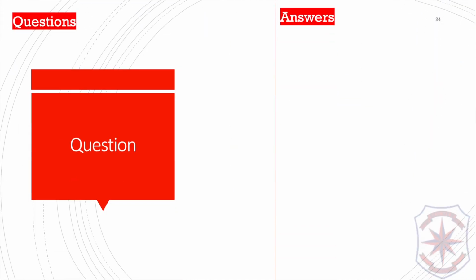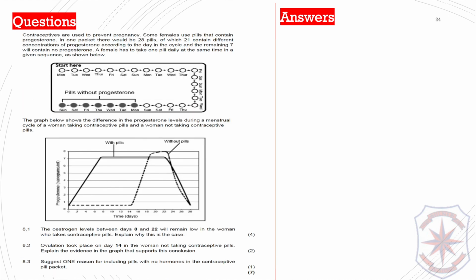Which brings us to our last set of questions, guys. Okay, let's analyze this one very carefully because it's a higher order set of questions as well. Contraceptives are used to prevent pregnancy. Some females use pills that contain progesterone.